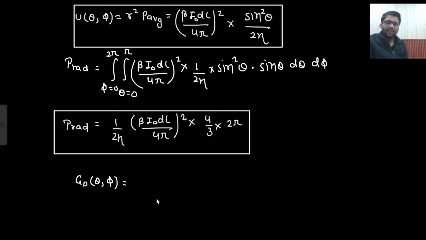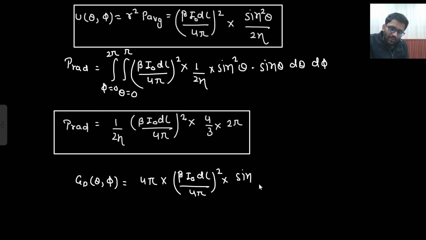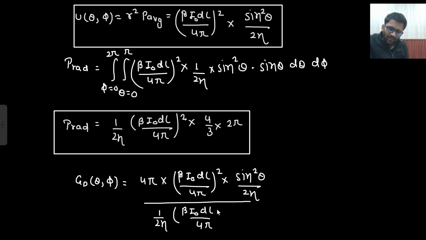Gain. So that is 4 pi into U theta comma phi, beta I naught dl upon 4 pi square into sin square theta upon 2 eta, divided by 1 by 2 eta beta I naught dl upon 4 pi whole square into 4 by 3 into 2 pi.